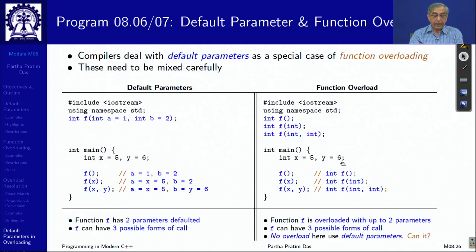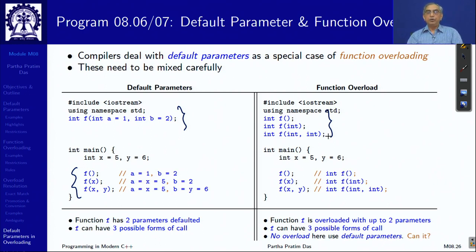Now, naturally you can have default parameters also with function overloading, or rather the default parameter mechanism itself is a function overloading. Because if you look at this, there are 3 possible ways to call it, which means that if you had 3 different overloaded functions, you would have had the same behavior.